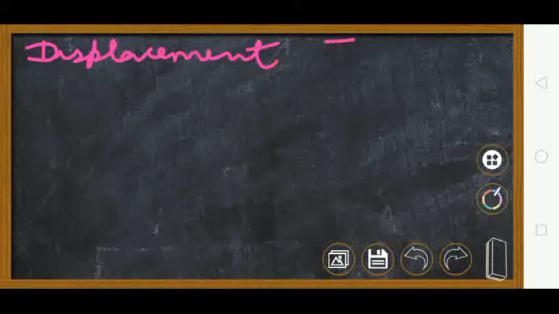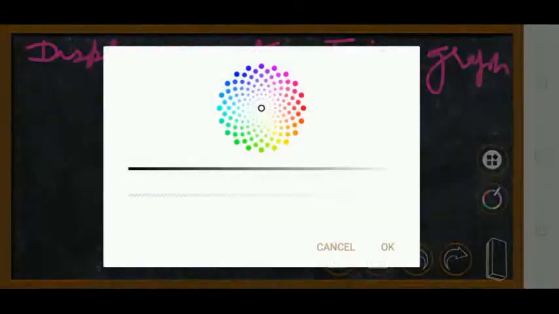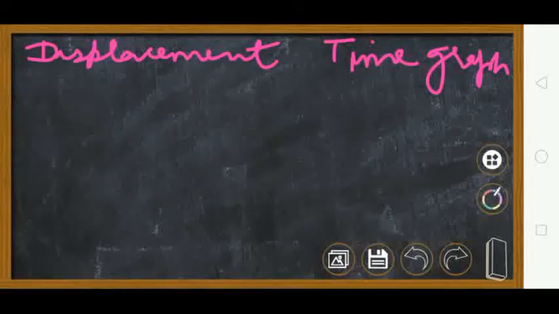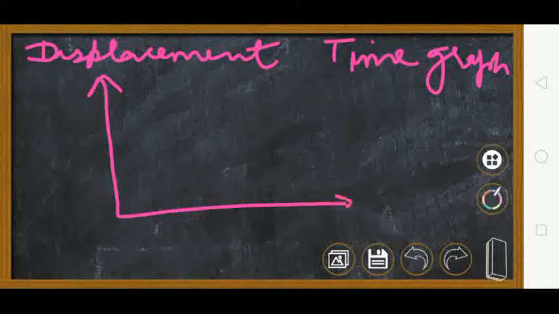Now let us study the first one, that is the displacement time graph. As I told you, there is a y-axis and an x-axis.